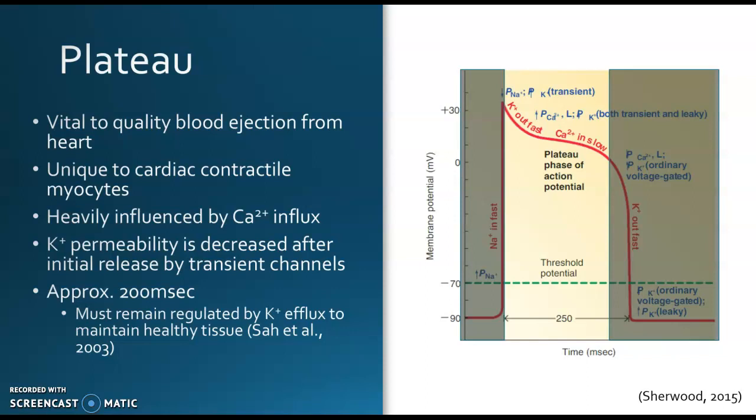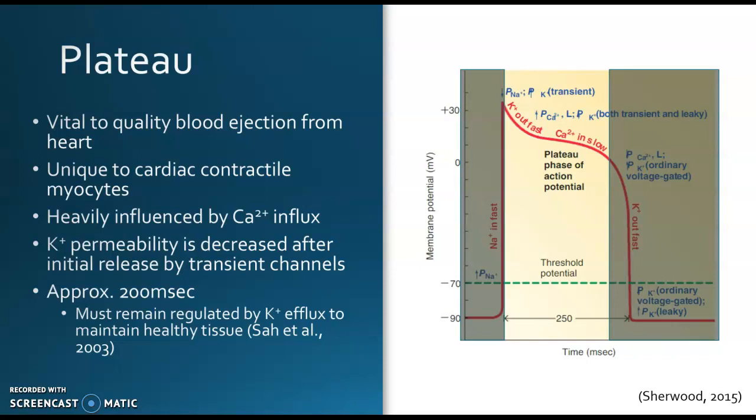And so as that calcium moves into the cell, our permeability for potassium to leave the cell has decreased because those transient gates are closed. We have calcium channels that have opened and are allowing calcium to flow into the cell at a fairly slow rate. And these two basically just counteract each other in terms of voltage.